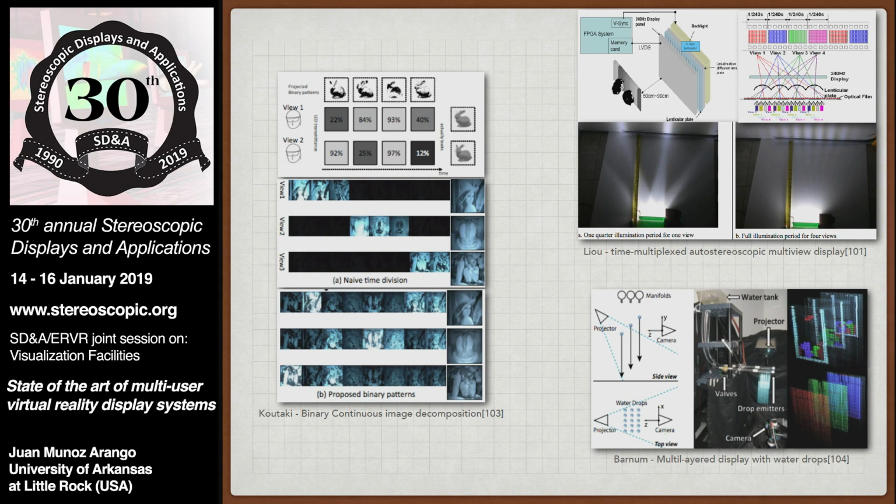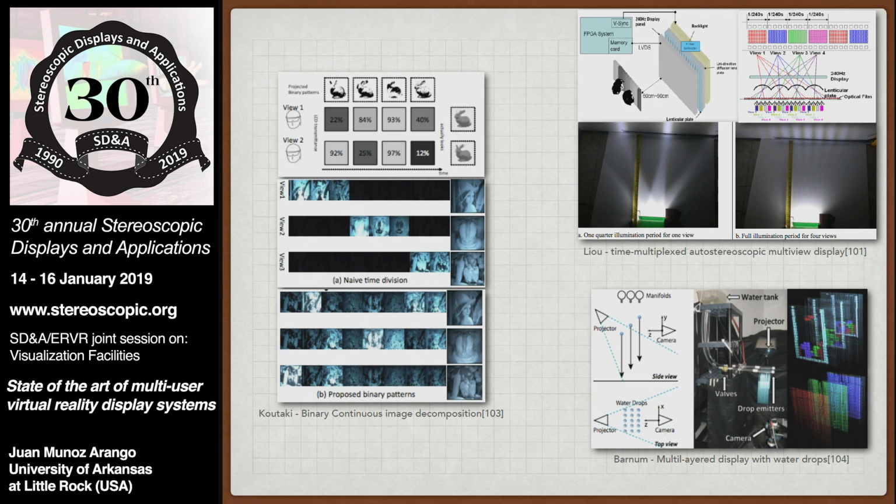They use grayscale shuttering and image decomposition to reduce flickering, because that's one of the issues with time multiplex. The issue is that they have to bake the imagery, so they don't support real-time images.